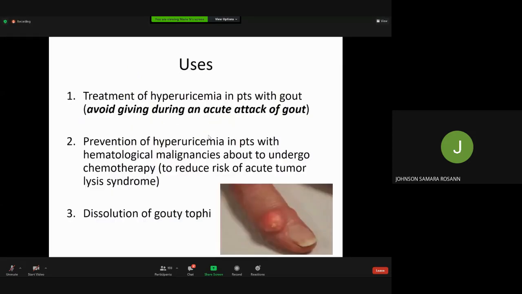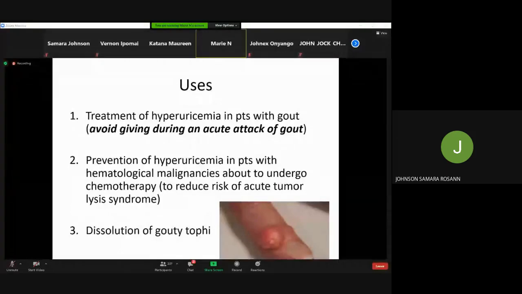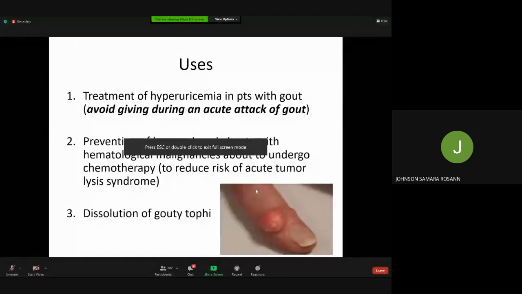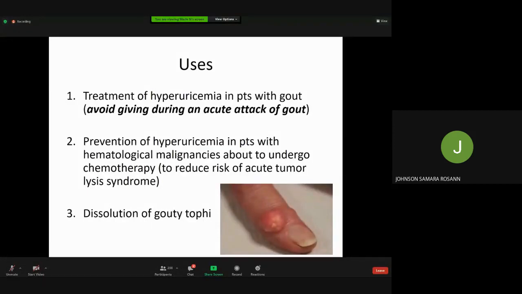So the uses, it will be very useful for management of the hyperuricemia in patients with gout. But as I've said before, the urate or uric acid lowering therapy, you don't usually give it during the acute attack. For the acute attack, just first manage the inflammation. Thereafter, a week later, you can then start the uric acid lowering therapy.